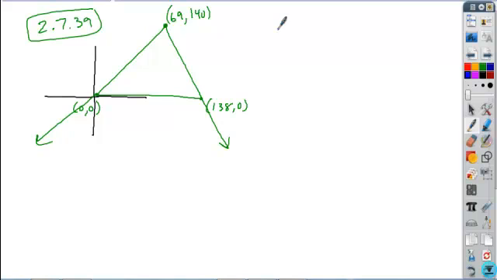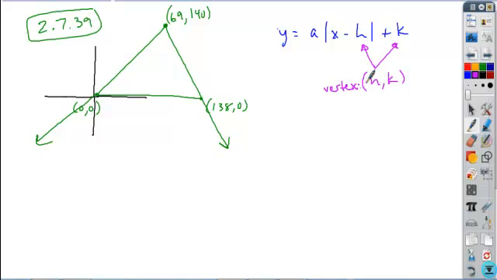Okay, so the basic function form is y equals a times the absolute value of x minus h, plus k. There still seems to be some confusion as to what these values mean. Remember, the coordinates h, k are just your vertex. So what is the vertex in this diagram?